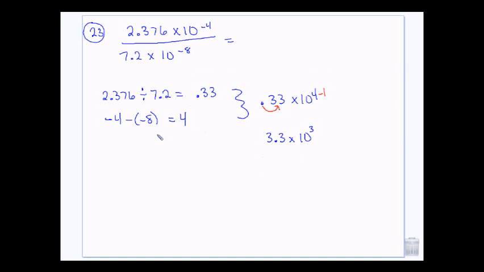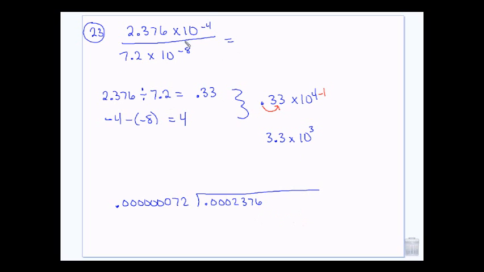Now, remember how I said scientific notation makes division nicer? Look at what we would be doing if this problem were not in scientific notation. Would you want to do that? No, that's ugly, right?